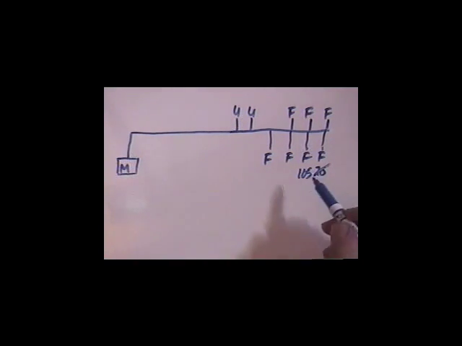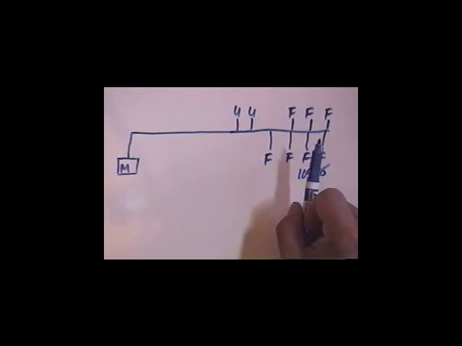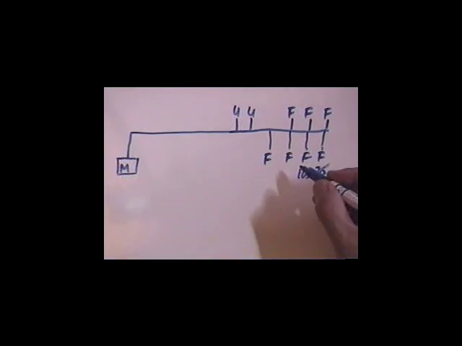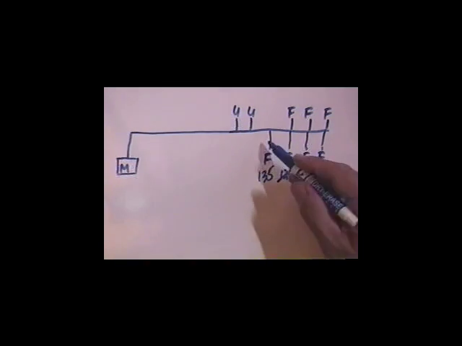Okay, I'm just going to add them as I go along. And then they are 10 each. So this would be 10, 20. This would be 125. And then I have 10 more. That would be 135 water fixture units at this point.